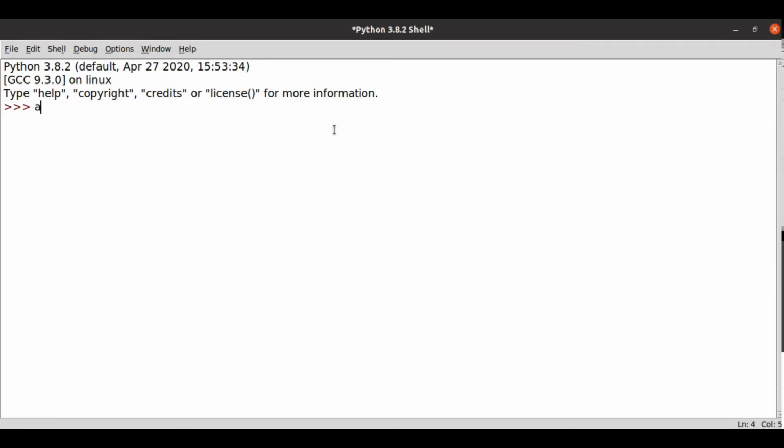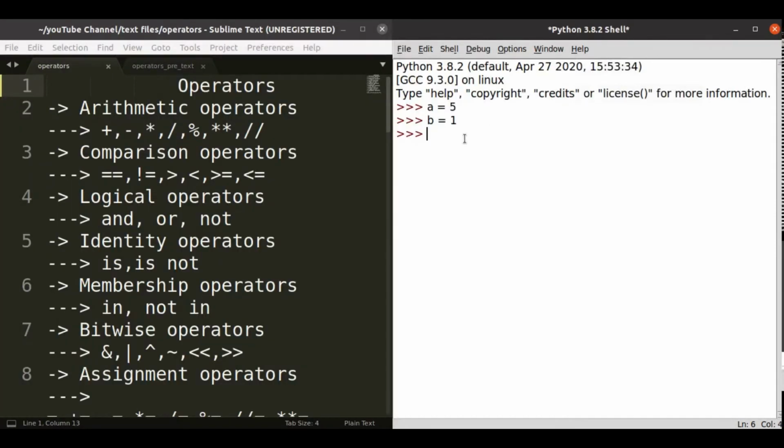Consider a variable A, assigned with some value, say 5, and again declare a variable B and assign it with some value 1. Now start using all of the operators one by one. First A plus B. See, 5 plus 1 is 6.